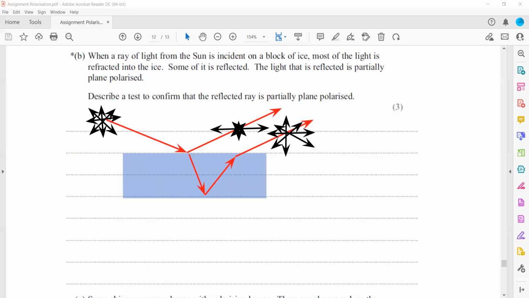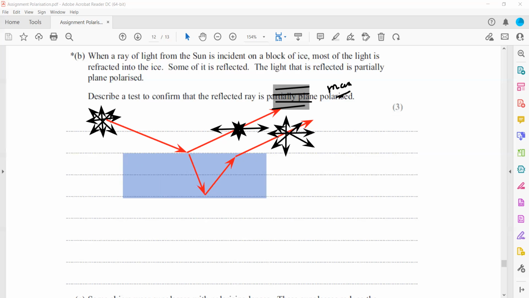We can use a polarizing filter, and we rotate this polarizing filter until we receive minimum and maximum. The intensity will change. When we place the polarizing filter parallel to the plane of the polarized light, we'll receive the maximum light, or most of the light will pass through.